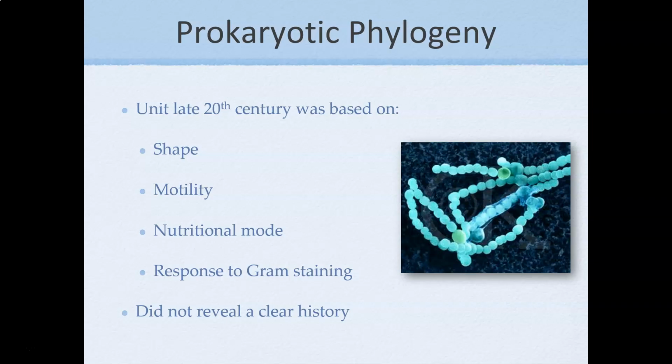To be clear, all of those things are still useful, but they really didn't provide a clear evolutionary history of where these prokaryotes came from, what their evolutionary connection was, who was more closely related, who was more distantly related. So although the things we've been talking about thus far are still means of classifying and identifying these prokaryotic species, they lack that clear evolutionary history.